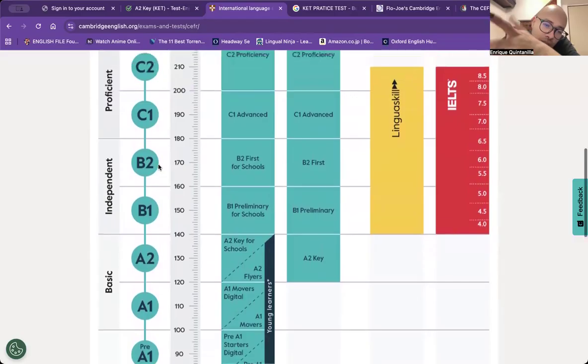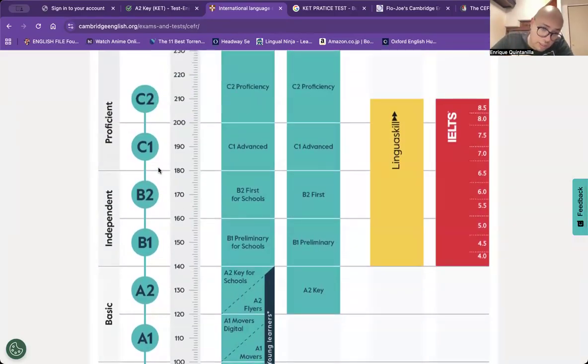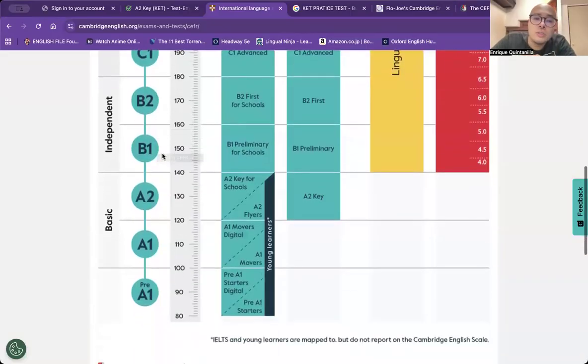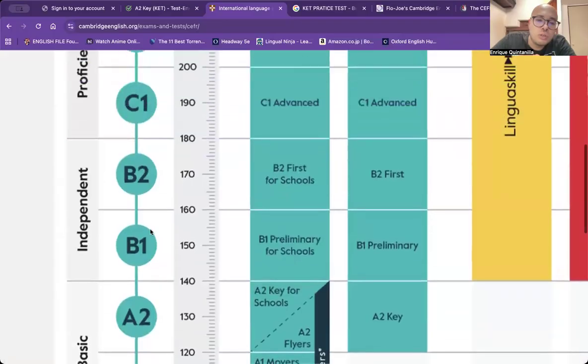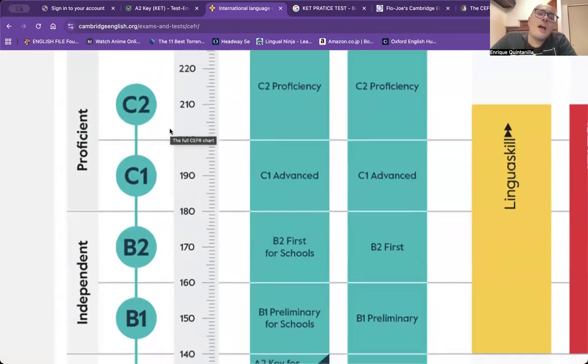As you can see, it starts from A1, but the last three levels are different. So A1, A2, B1, B2, C1, and C2. This is to identify that you have language competence and communicative skills.